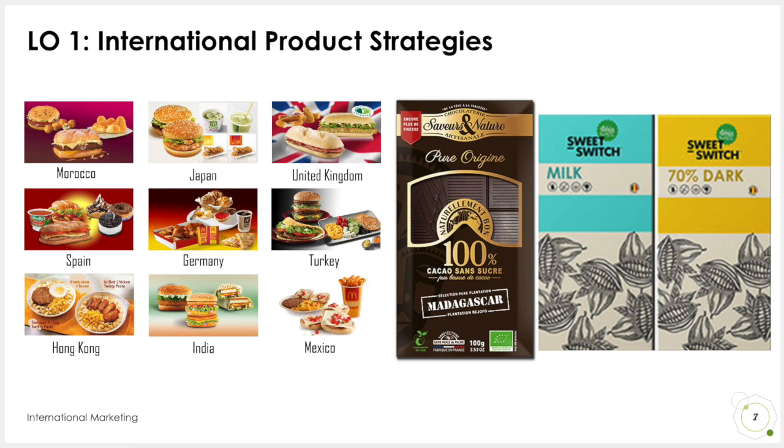For example, McDonald's has a green tea sundae or McFlurry in Japan, macaroni and noodle soup in Hong Kong, whereas there is a non-beef menu in Indian McDonald's outlets due to the large number of Hindus in the country who do not consume any cow-based product, and many more examples.